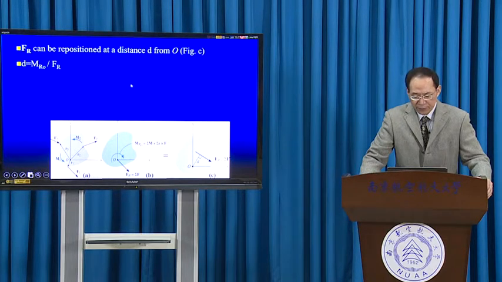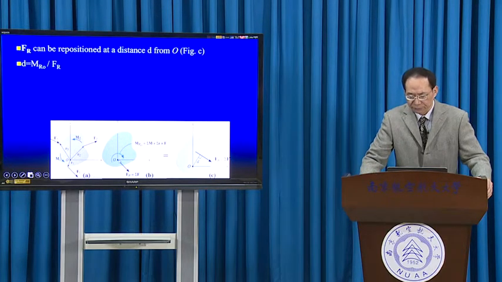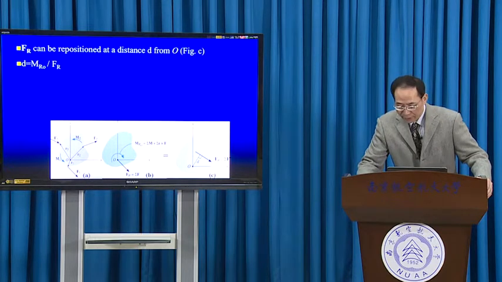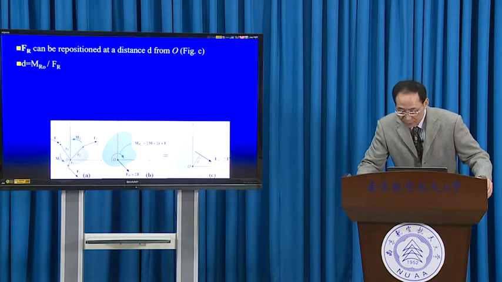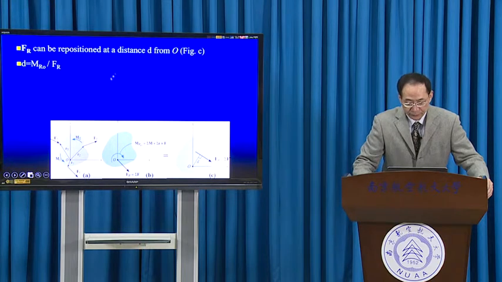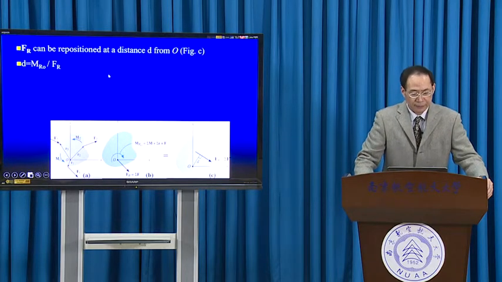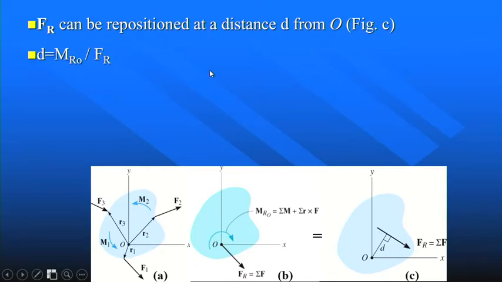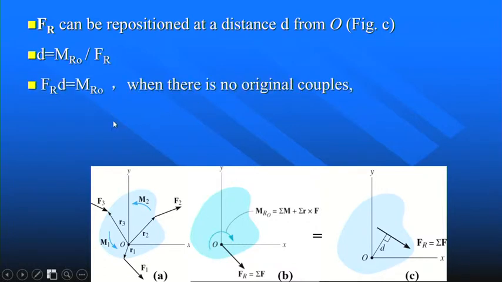We just make a further translation of the action line of Fr to act through another point with a distance d. d can be determined by MRO divided by Fr, or in other form, Fr d is equal to MRO.